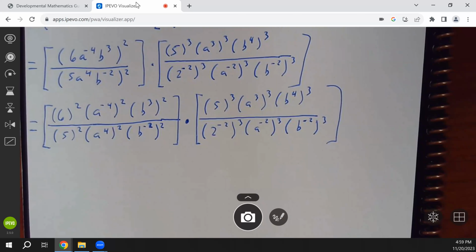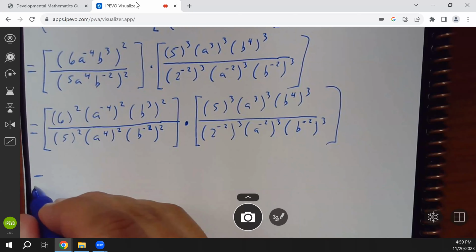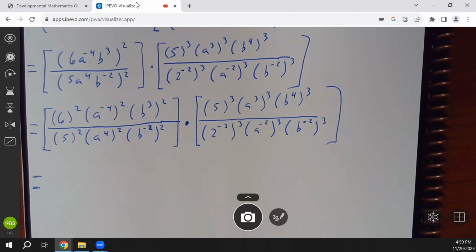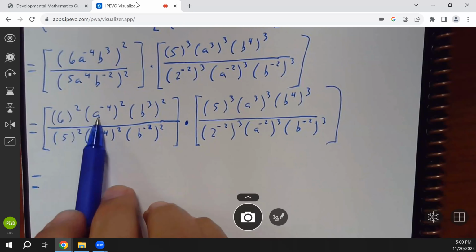I'll wait a sec because it's a lot to write. Apply the square on every single term.